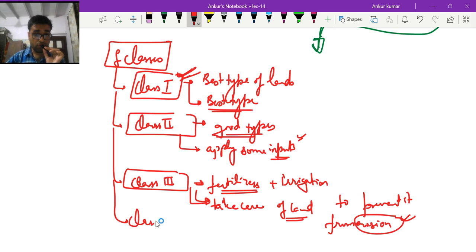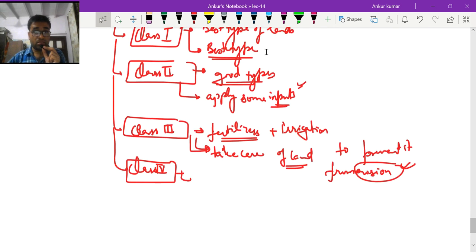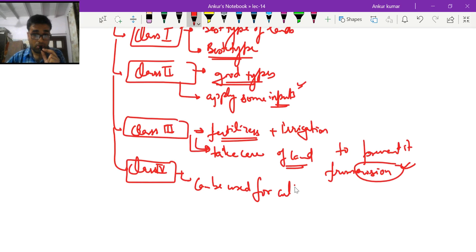Now comes the class 4 land. This type of land can also be used for cultivation, right? They are fairly suitable for cultivation of crops. They require intensive control of erosion. What I'm saying is that these lands can be used for cultivation, but you have to be very careful while you cultivate the crops.